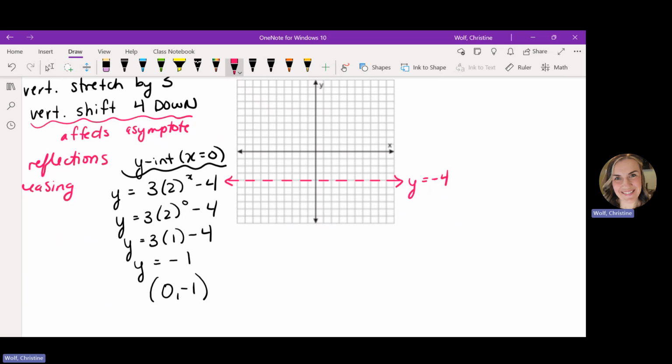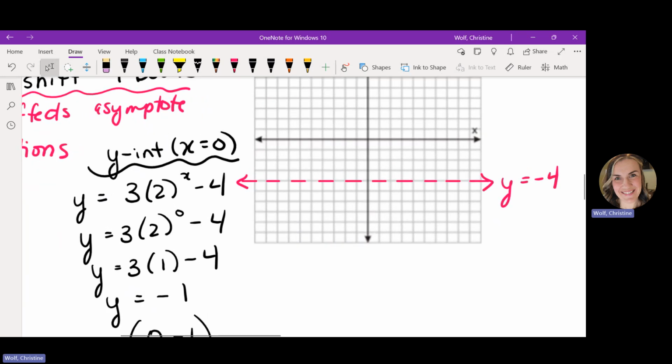Then my y-intercept is right there, 0, -1. And now I just ask myself, do I draw it moving upwards or moving downwards? It's increasing, so we move it upwards. There's no reflections. So all we did is take the graph from yesterday and shift it down.